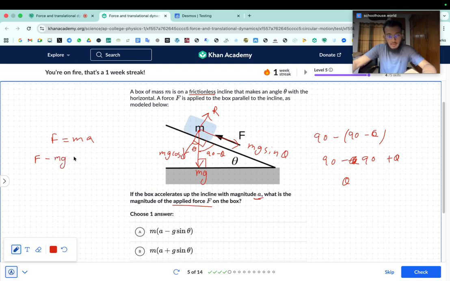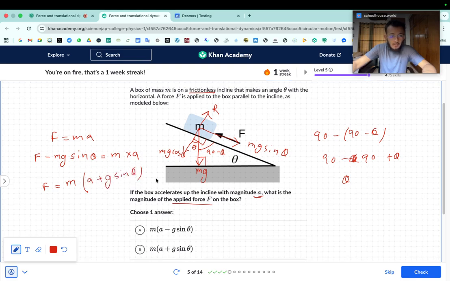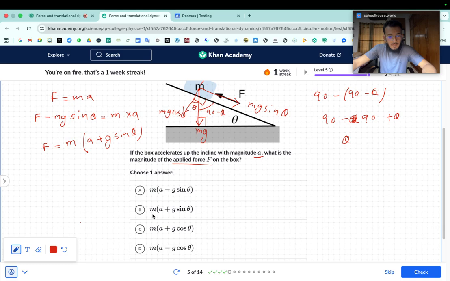We don't have any friction here, but we do have a weight component opposing the motion. So F minus mg sine theta equals mass times acceleration. They want us to find F, so we make F the subject. So F equals m times a plus g sine theta. This matches m times a plus g sine theta. So B is our answer.